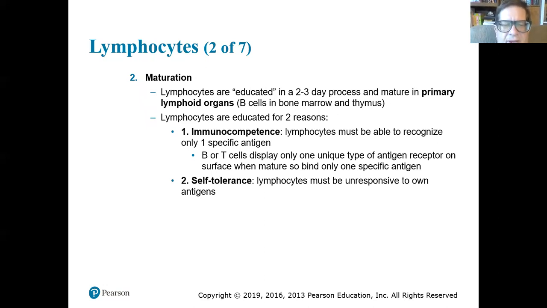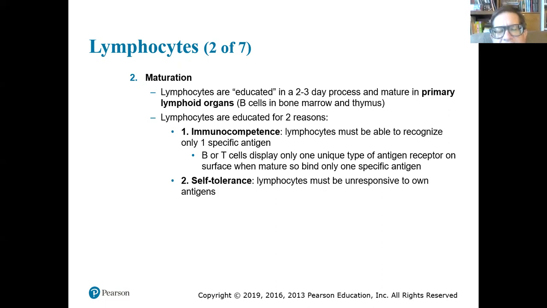Okay. And during this process, they are going to learn what is normal and what needs to be fought. In fancier terms, they'll become immunocompetent, or capable of doing immune things. The lymphocytes have to be able to recognize one and only one antigen. So B or T cells display one unique antigen receptor on the surface when mature, so they can only bind to one specific antigen.